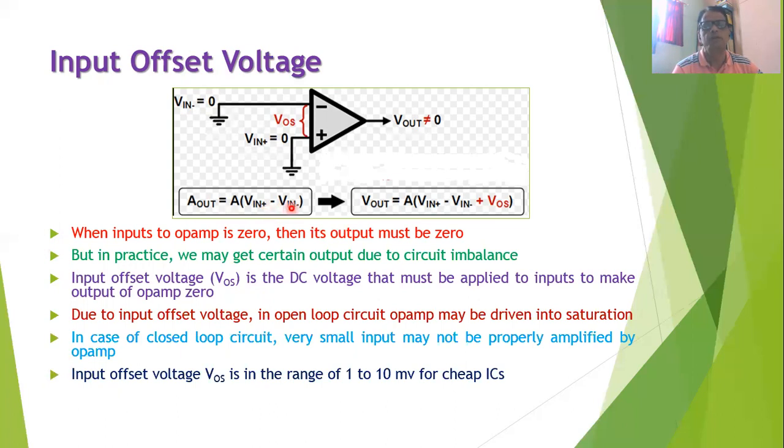But when the difference between the two inputs is equal to 0, then we can expect the output to be equal to 0. But it is not the case, and therefore we need to add this voltage VOS so that we will get a certain amount of output voltage. Now this VOS must be adjusted such that we will get the output equal to 0.